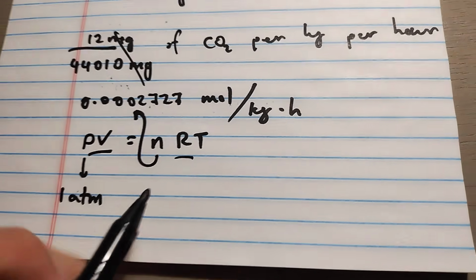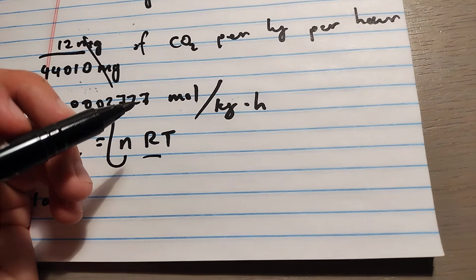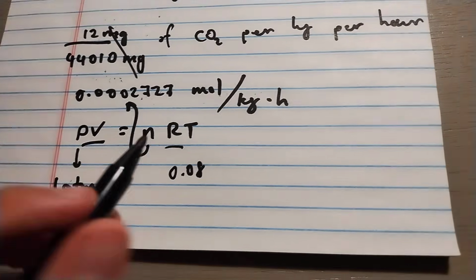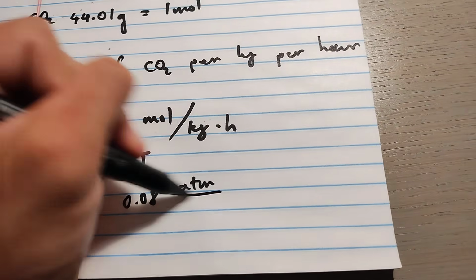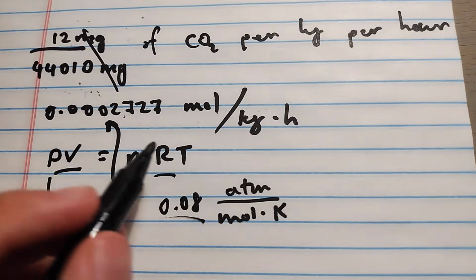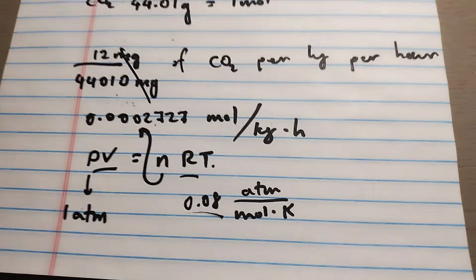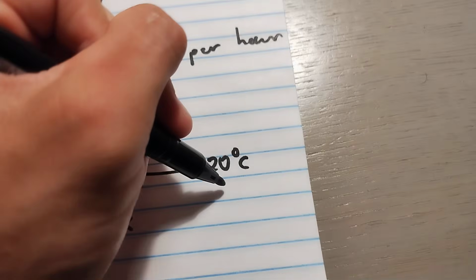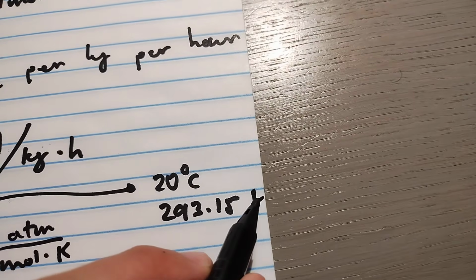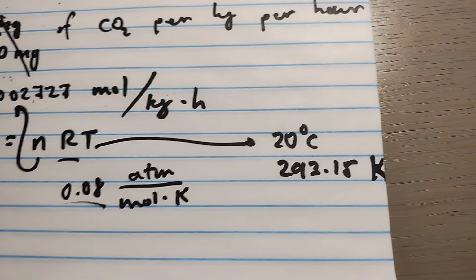R is the ideal gas constant. I think it's around 0.08 liter atmospheres for every mole kelvin. Okay, so it's a constant. And then T is the temperature, and we're taking room temperature, so that's 20 Celsius, or we're going to use 293.15 Kelvin. The units are always supposed to be in Kelvin.